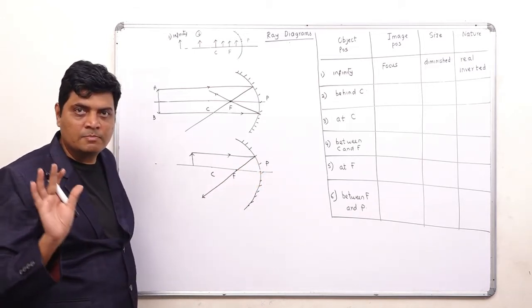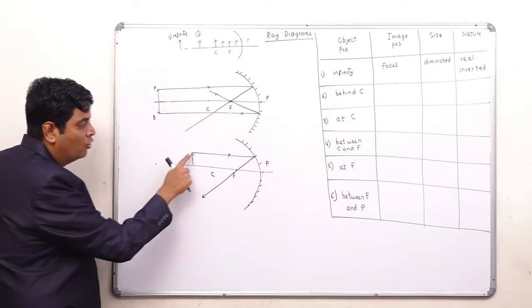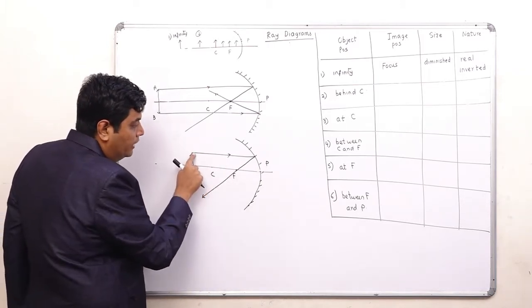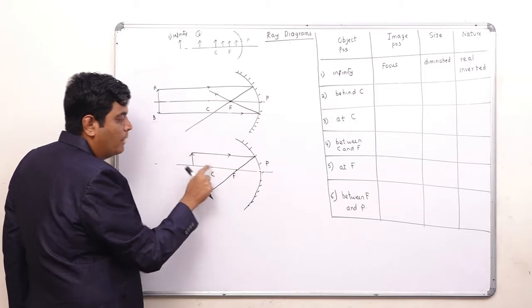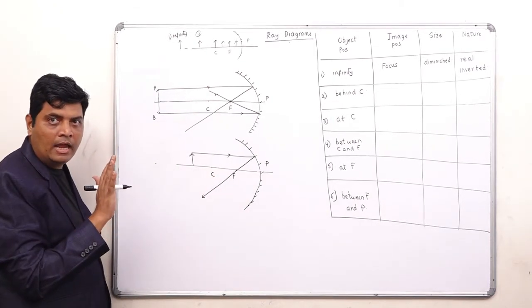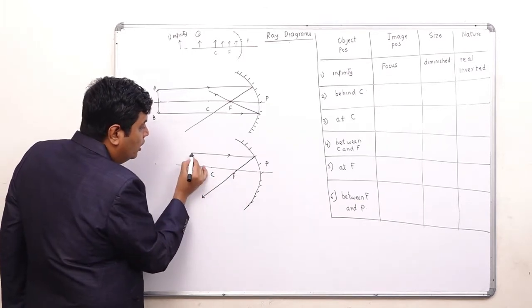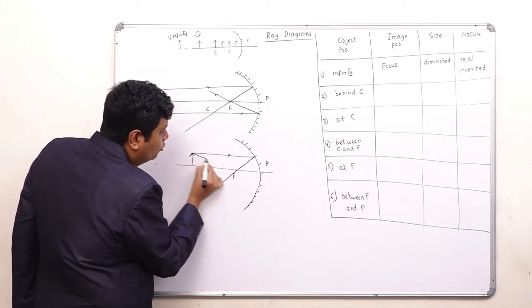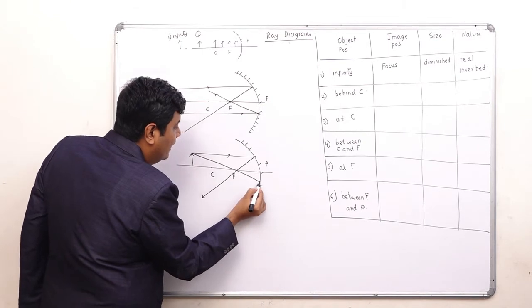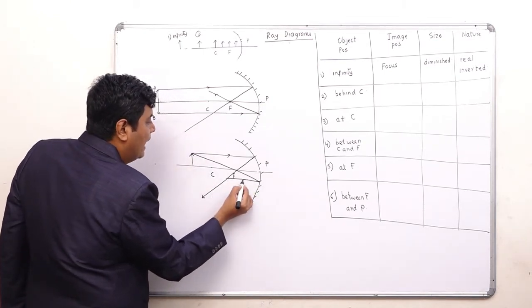Correct? So this is my first ray. Now second, I can draw an incident ray passing through the focus or through the center of curvature. Anything is okay. So I will pass the ray through the focus. If I pass the incident ray through the focus, my reflected ray will be parallel to the principal axis.